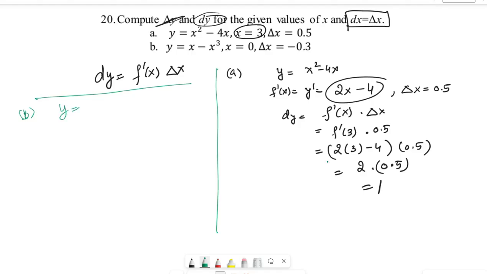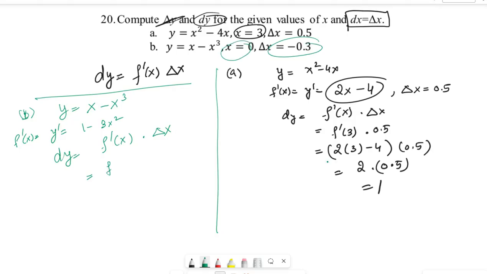That is part A. Let's work on part B. Y here is given as x minus x cube. So y prime would be 1 minus 3x squared. Basically, that's f prime of x. We need to find dy, which is f prime of x times delta x. In the second part, delta x is given as negative 0.3 and x is given as 0.